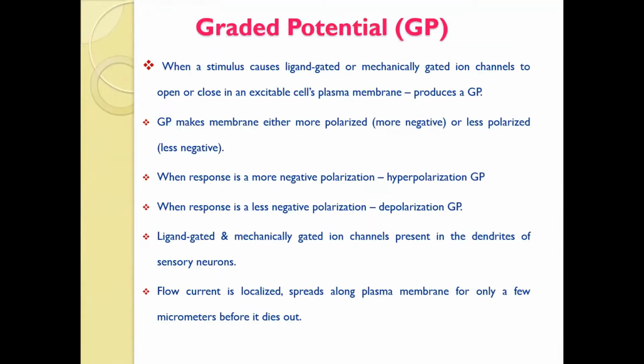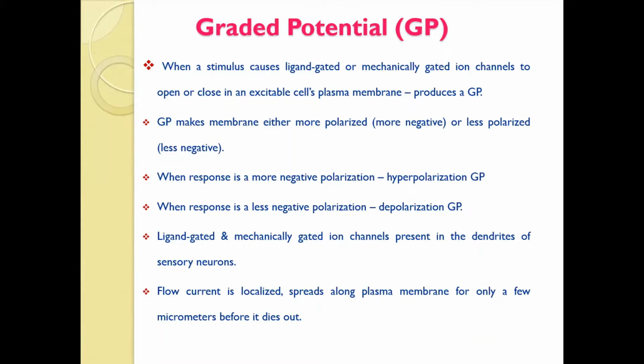So now let's go to the graded potential. What is a graded potential? When a stimulus causes ligand-gated or mechanically gated ion channels to open and close in an excitable cell's plasma membrane, it produces a graded potential.